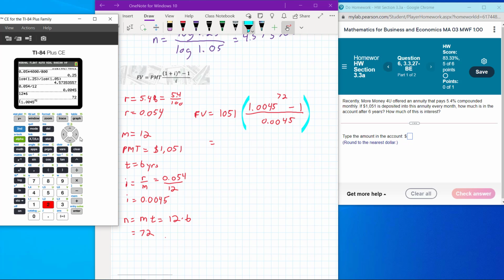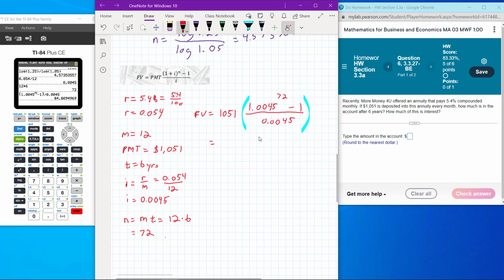I'm going to get out the exponent, minus 1, close the parenthesis. And then I'm going to divide that by 0.0045. And that's what I get. I got that this part right here is equal to 84.80950.